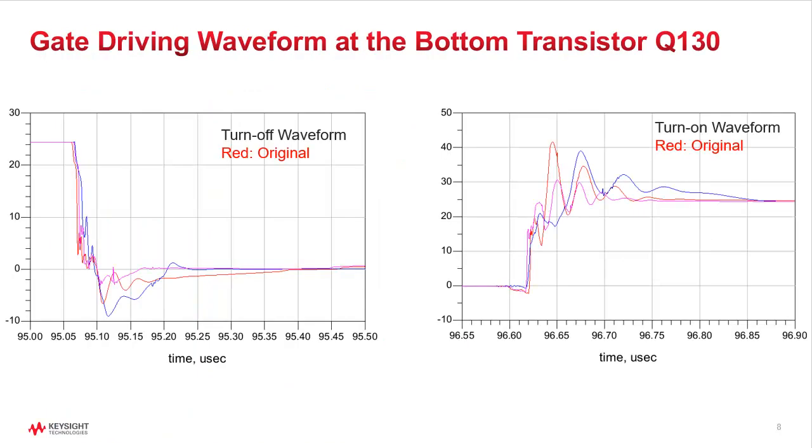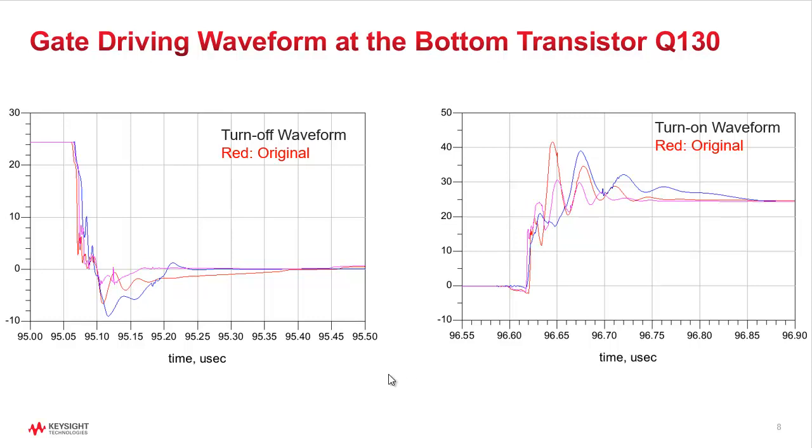So just by way of illustration, let's say the one thing we're concerned about is the shape of the turn-off waveform and the turn-on waveform at that bottom transistor, the Q130 transistor. Let's just focus on the red trace for now. I'll talk about the blue and the magenta traces in a moment, but let's just take a look at this turn-off waveform and the turn-on waveform here, and we can see it's a pretty good turn-on waveform, and there's not much undershoot here.